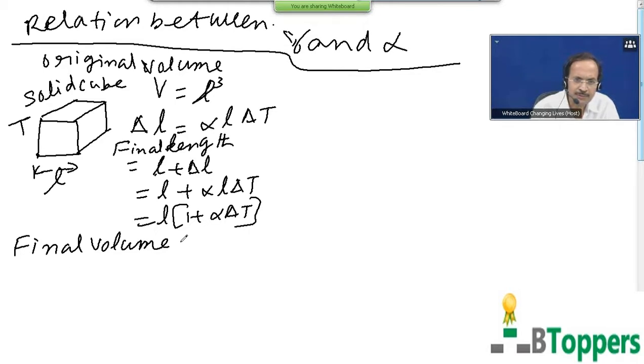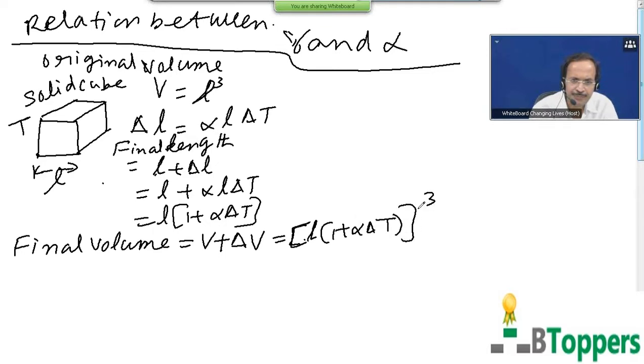Then the final volume can be written as V plus delta V, which is the cube of the final length, not square, I'm sorry. Cube of the final length. That is L into 1 plus alpha into delta T whole cube.